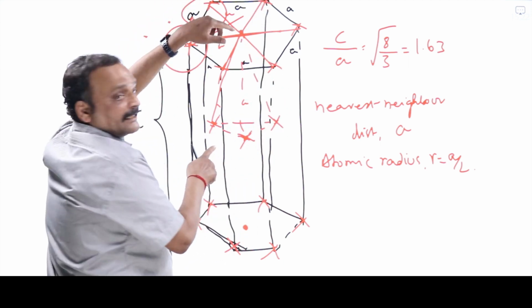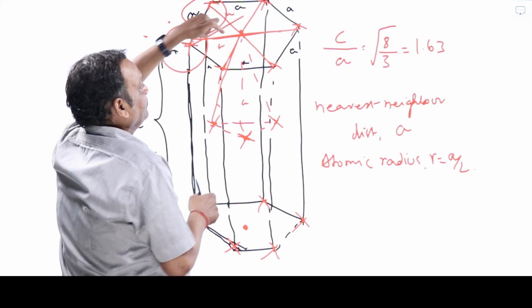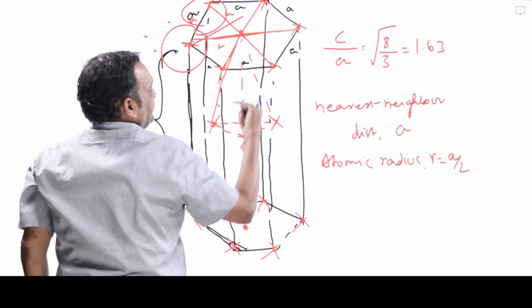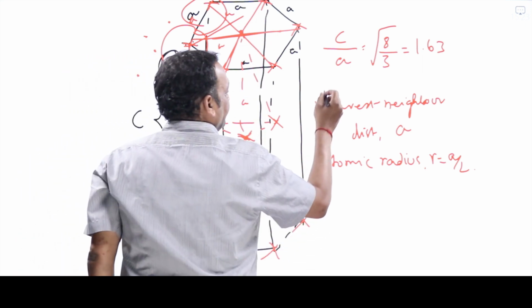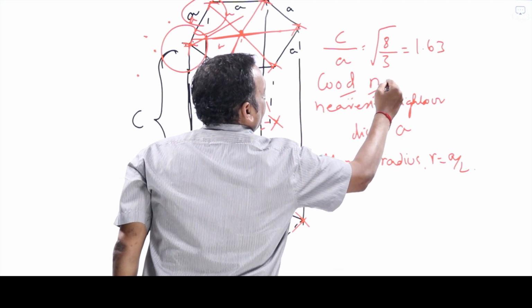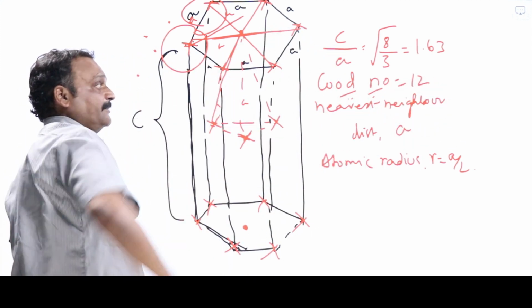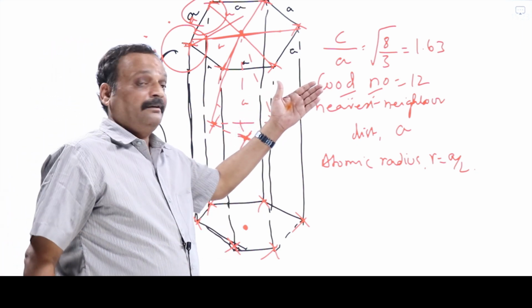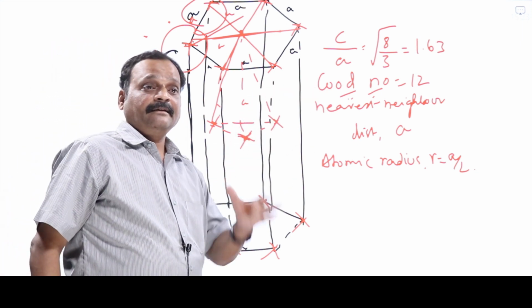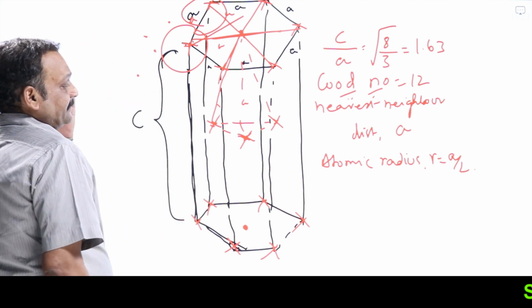There also 3 lattice points will be at a distance A only from this point. So that 3 plus this 6 plus this 3 is equal to 12. So coordination number is equal to 12. We have HCP coordination number 12. Coordination number 12 is the maximum possible coordination number in geometry itself.